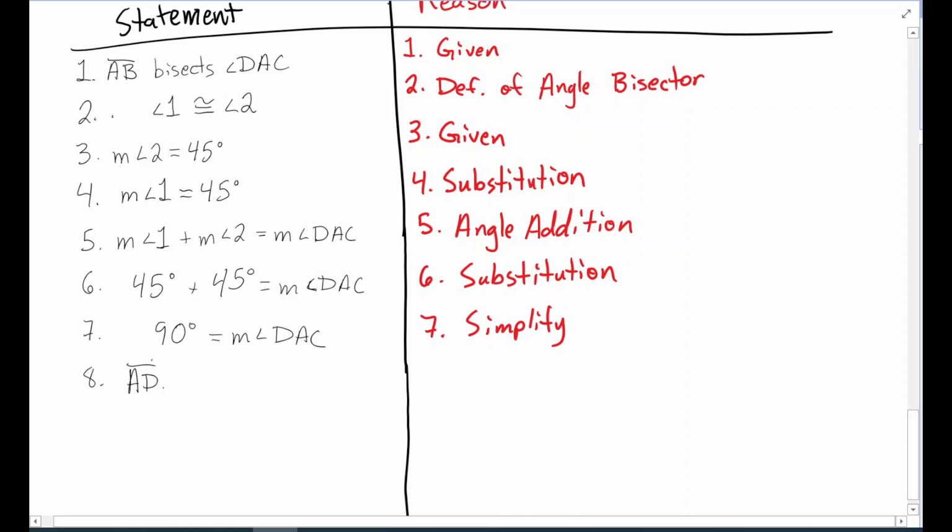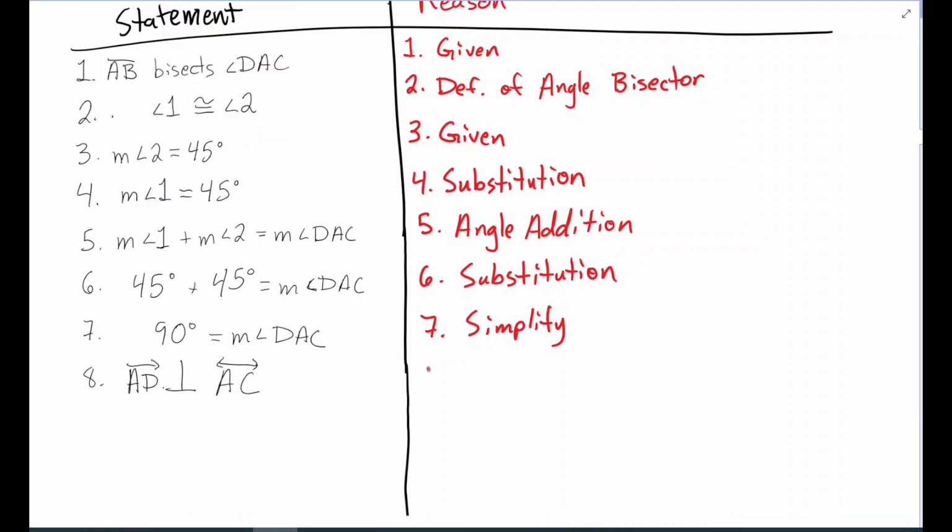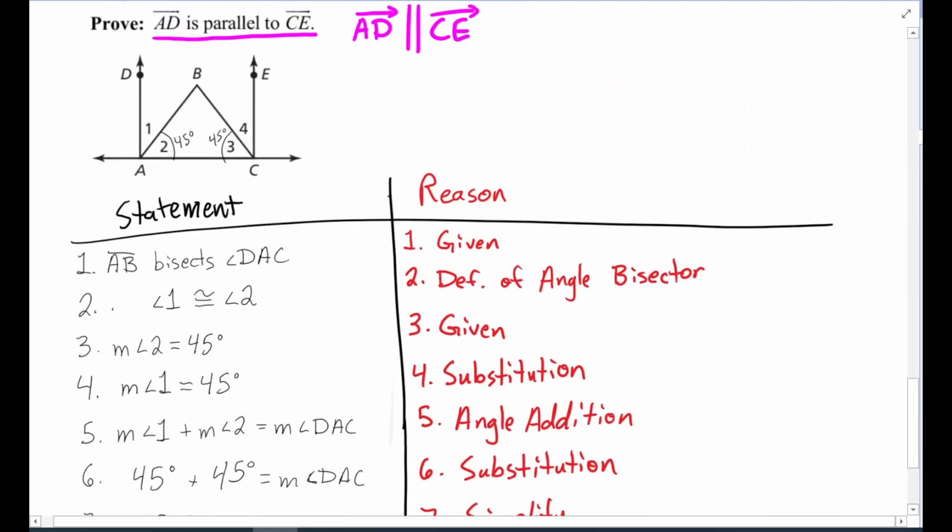The ray AD is perpendicular to the line AC, by definition of a right angle. Great. We did that. We showed that one particular ray was perpendicular to the base of sort of our pyramid, I guess we could say.